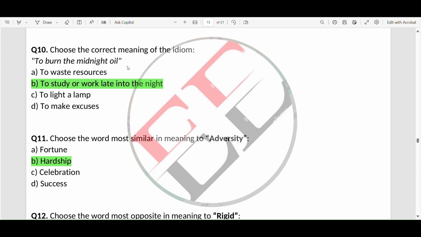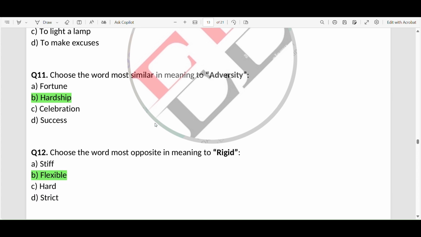So when you want to study or work late at night, you need to burn the oil to light the lamp, right? So that is the main meaning of this one. To burn the midnight oil is nothing but to light up a lamp and study or work at night times also. So option B would be the correct option for this, to study or work late into the night.